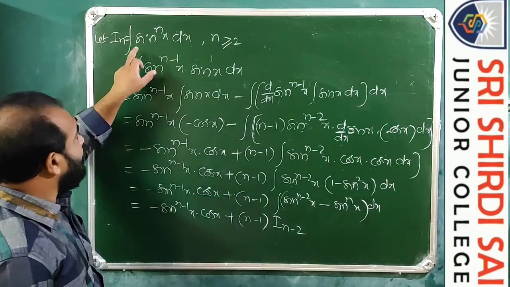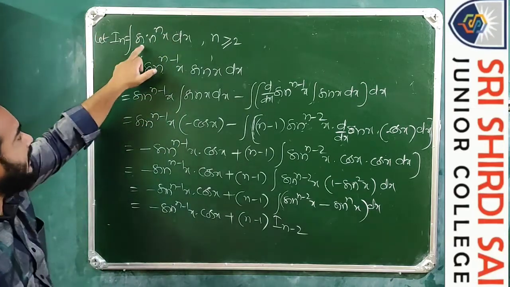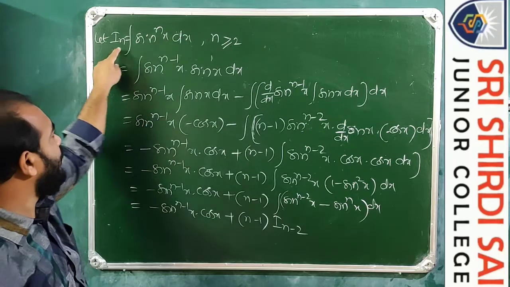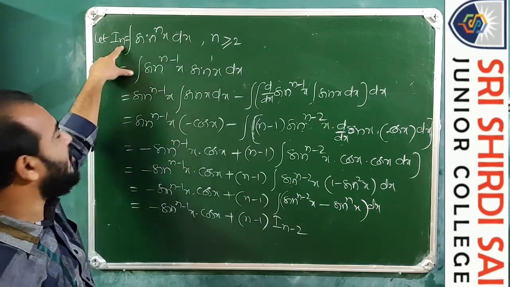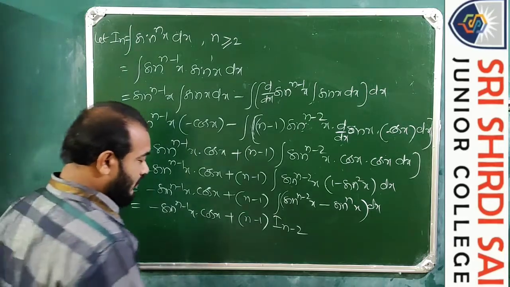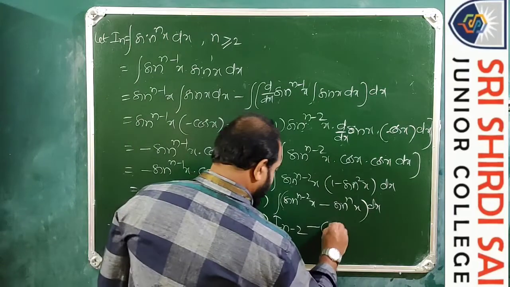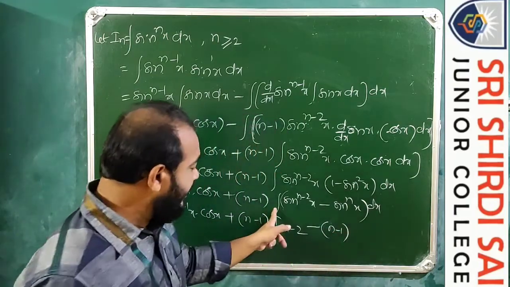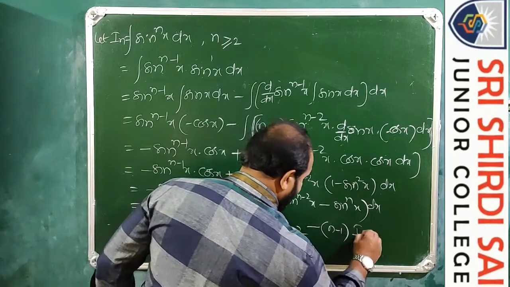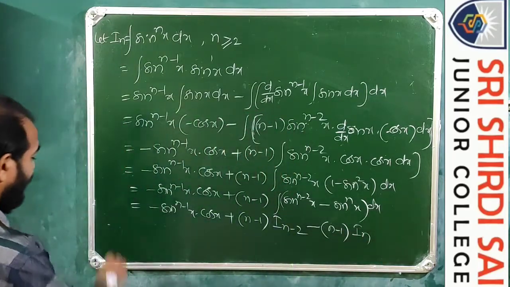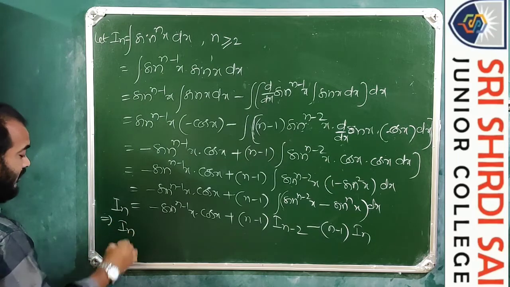Because if the integral of sin^n x dx is treated to be I_n, then the integral of sin^(n-2)x dx will be treated as I_(n-2). The integral of sin^(n-1)x dx is treated to be I_(n-1). So plus into minus is minus (n-1) times the integral of sin^n x dx, which we have taken to be I_n in the first step. So this is all I_n.